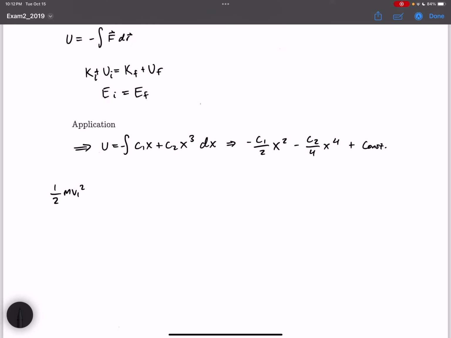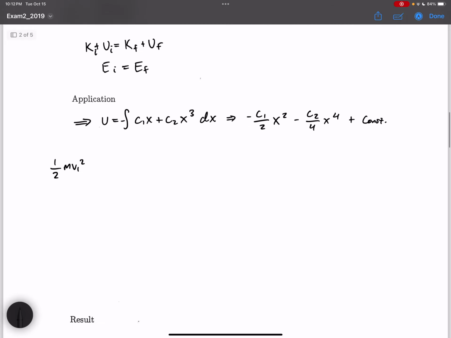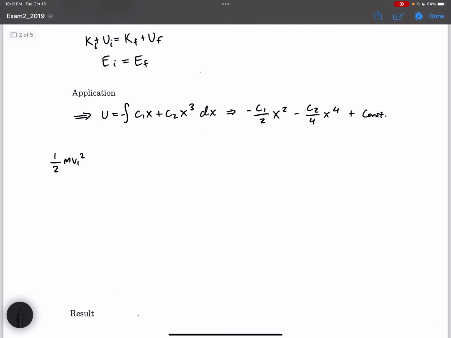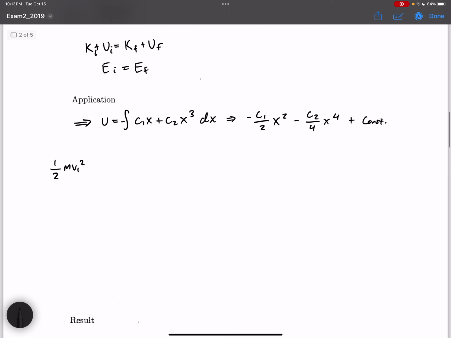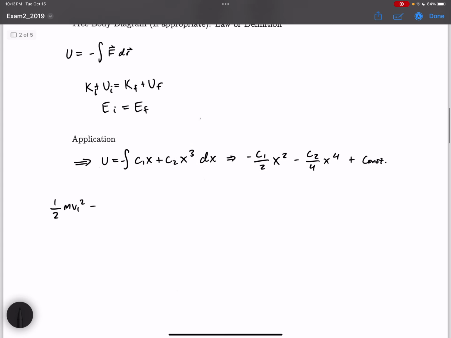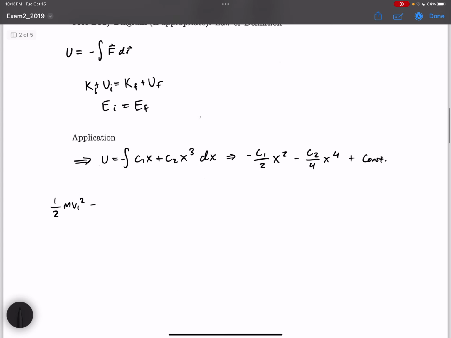And then the potential energy here is going to be, oh my bad, I already made these negatives, so this is going to be positive.